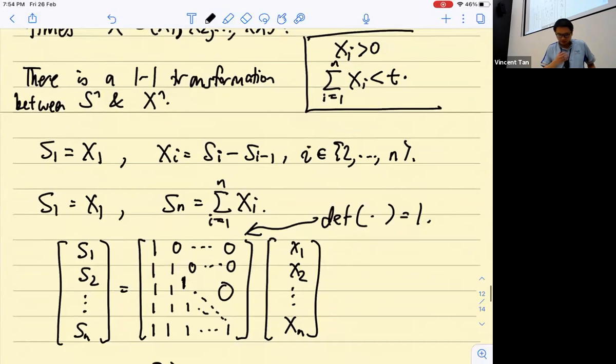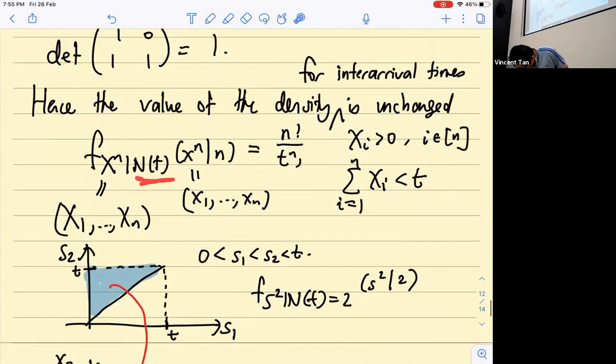One very important thing is that when we do this sort of thing, you must be sensitive. Clearly, condition on N(t) equals n. Condition on N(t) equals n, S1 does not have the same distribution as S2.